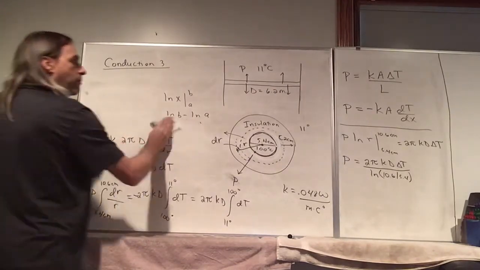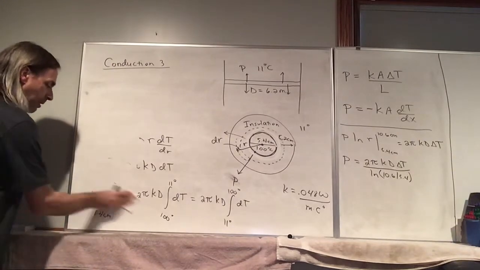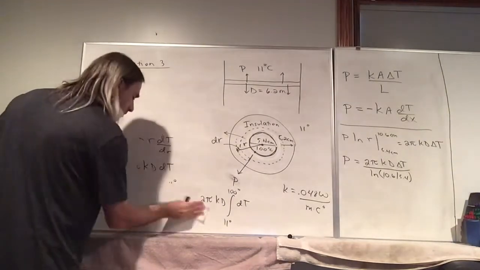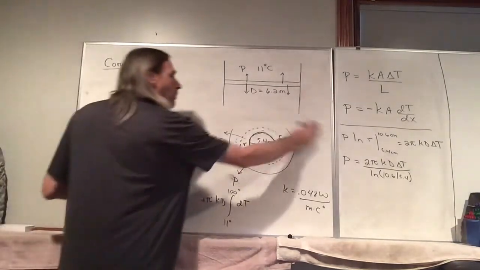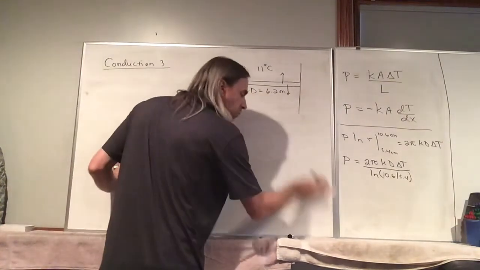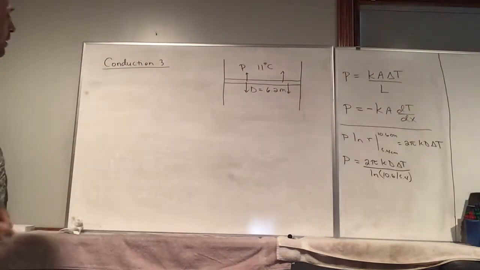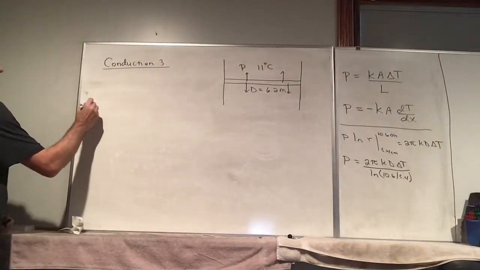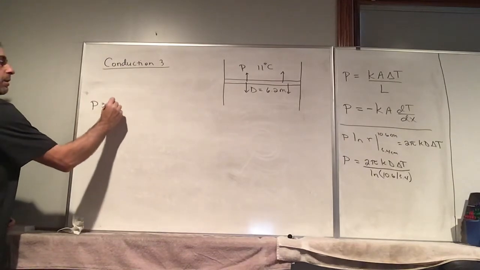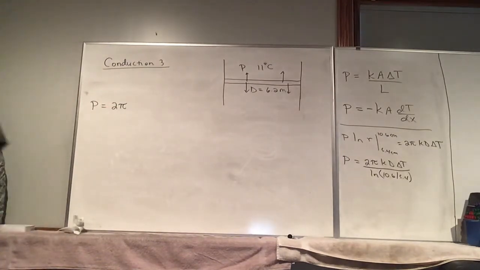I'm going to have to make room here. Well, we've got everything we need. So let's plug things in. I erased the conductivity, but that's in there. Okay, so power. We have 2 pi. Now K, I'll bring this back here.